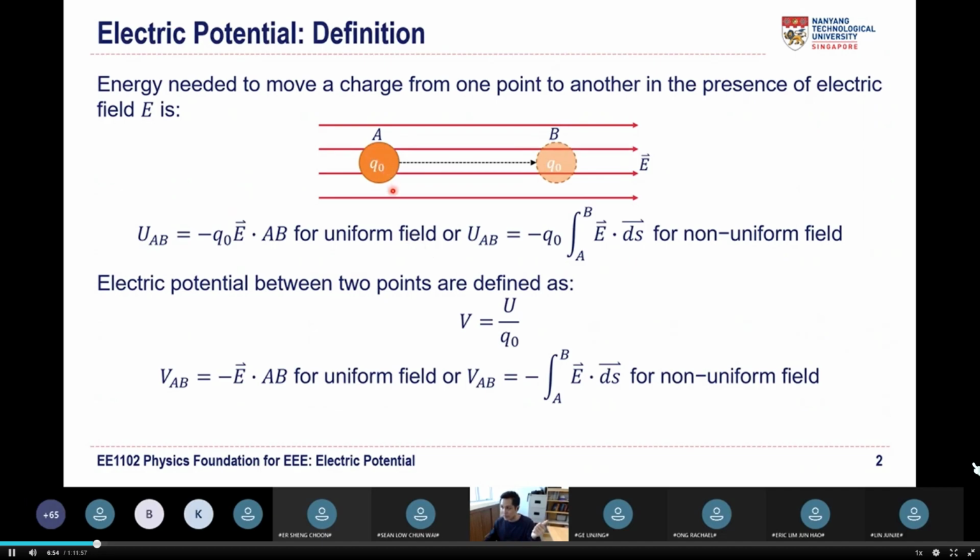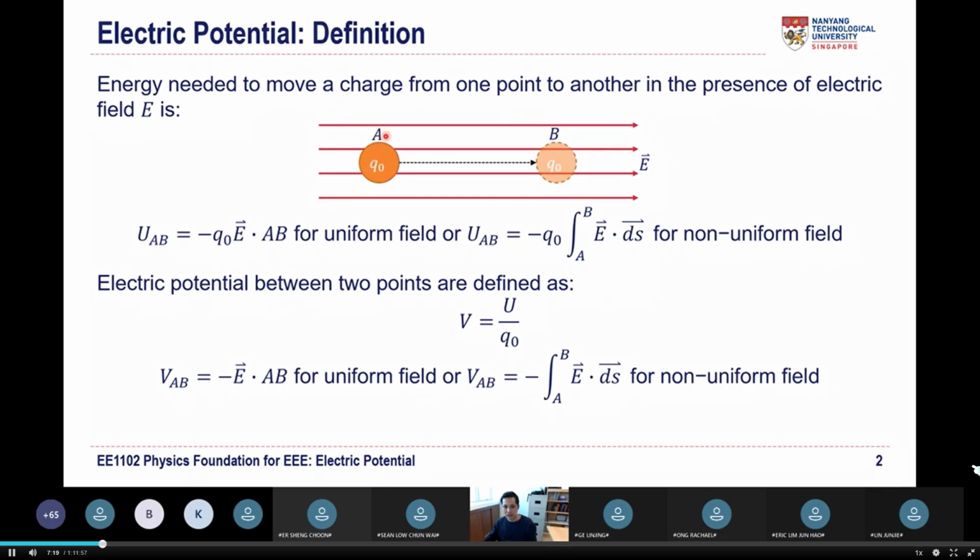Whereas if the charge was negatively charged, or you're moving against the electric field, then you'll be gaining the potential energy. So this is where that minus sign is coming from, and this is for uniform field. And in the case of non-uniform field, instead of just doing a simple multiplication like this, you need to take the line integral.